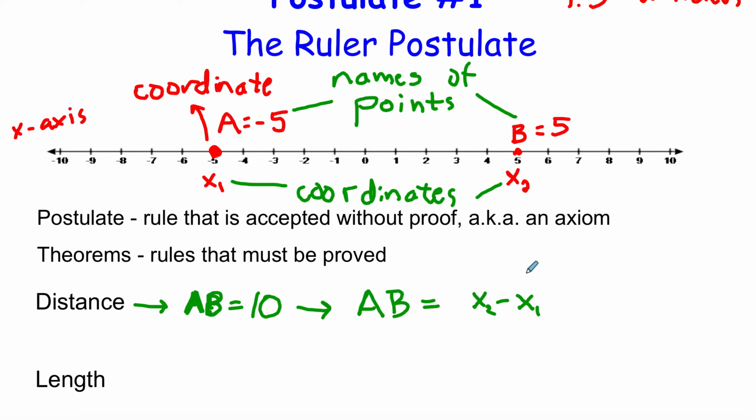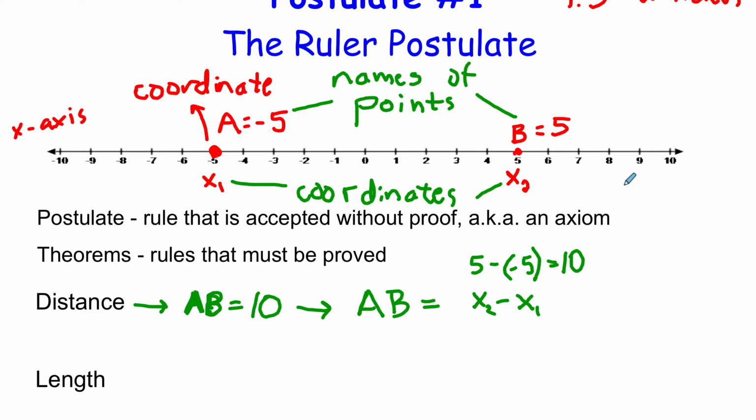Okay, and now let's do that in this case. If we subtracted 5, the second coordinate, minus -5, 5 minus -5 is, of course, 10. So that works.